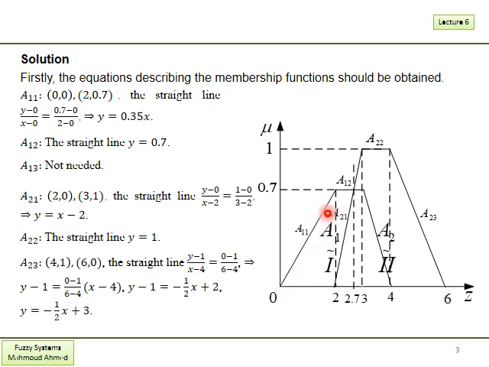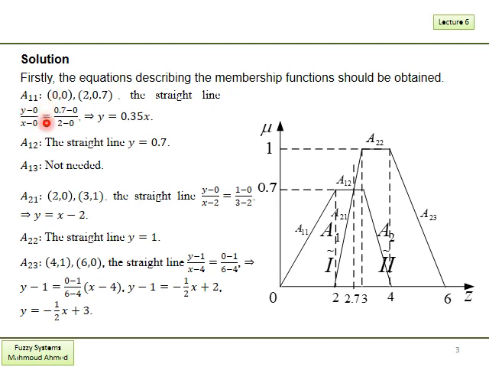So for the first straight line a11, the points are (0, 0) and (2, 0.7). This is 2, here 2, and the height is 0.7. So we simply write down the equation, which is (y minus 0) divided by (x minus 0) is equal to (0.7 minus 0) divided by (2 minus 0).